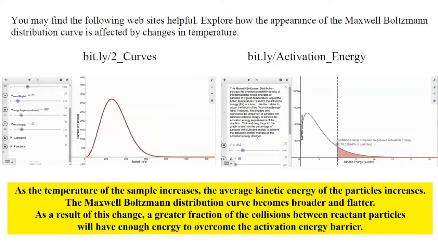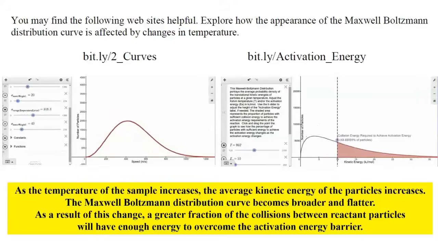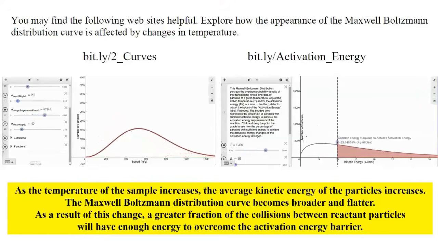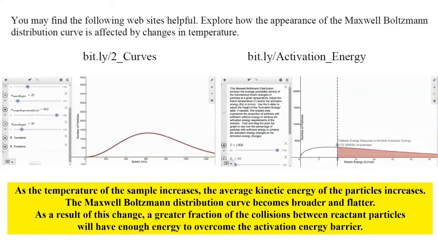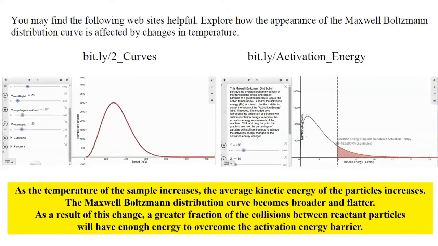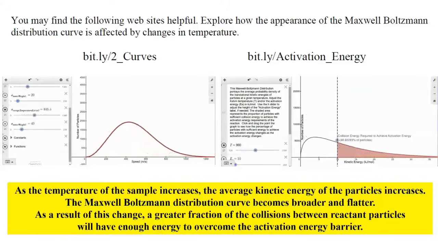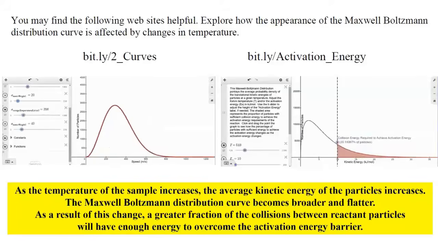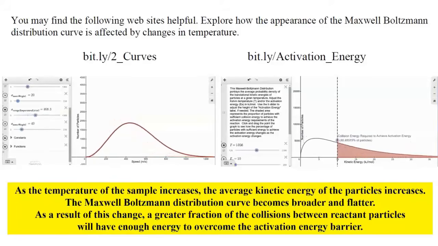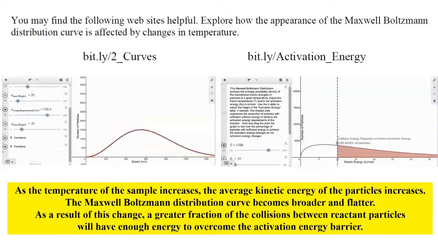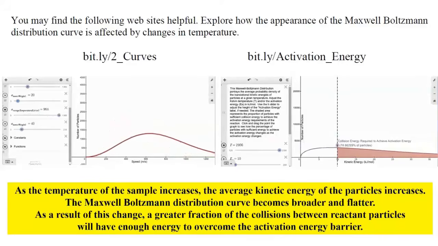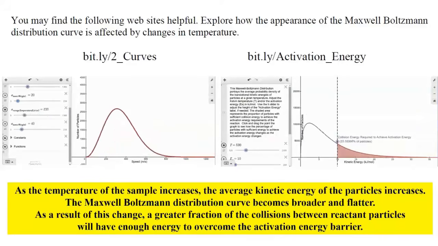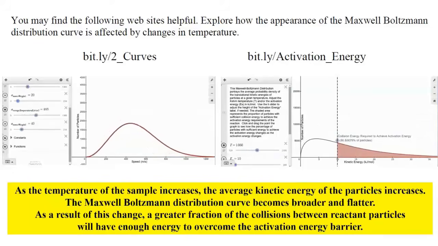As the temperature of the sample of reactant particles increases, the average kinetic energy of the particles increases, and the Maxwell-Boltzmann distribution curve becomes broader and flatter. As a result of this change, a greater fraction of the collisions between reactant particles will have enough energy to overcome the activation energy barrier. Hopefully that part was helpful in terms of that visual.